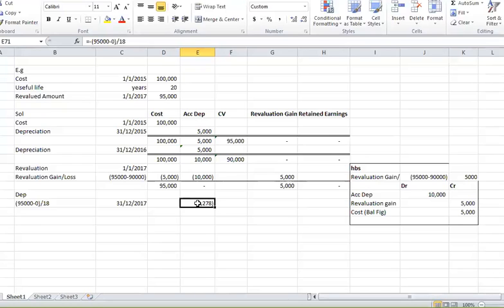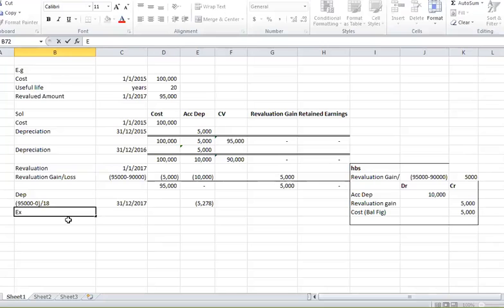So it means there is an extra depreciation due to revaluation. It is called excessive depreciation after revaluation.